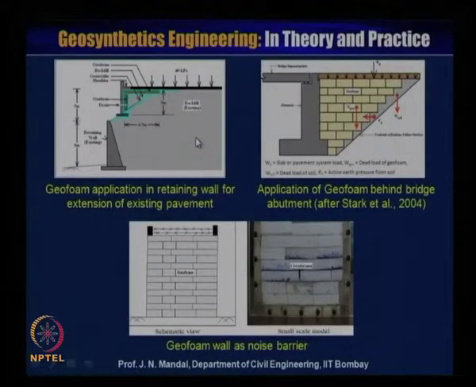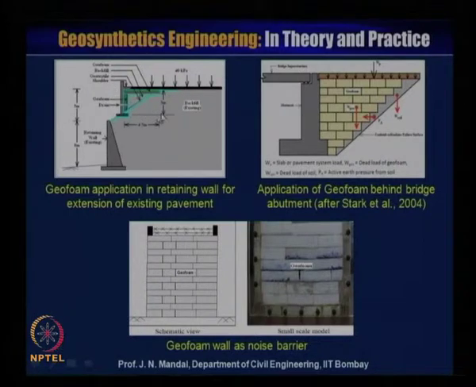So here is the geofoam application in a retaining wall for extension of the existing pavement. This is one area where this is the existing retaining wall and this is the slope, and again this is the road. This is some area in Pune, and this road is to be expanded up to this. There are different types of techniques.